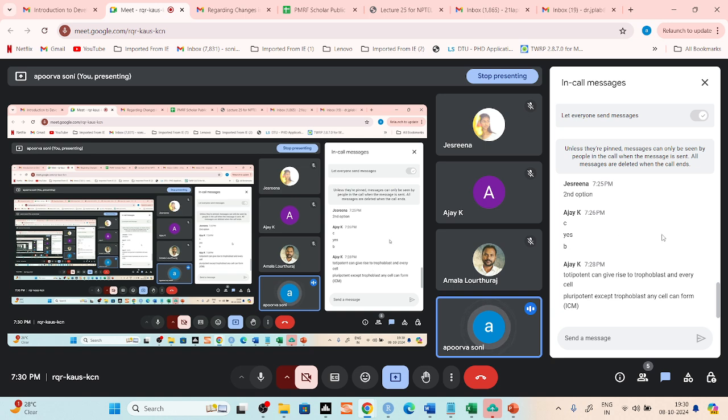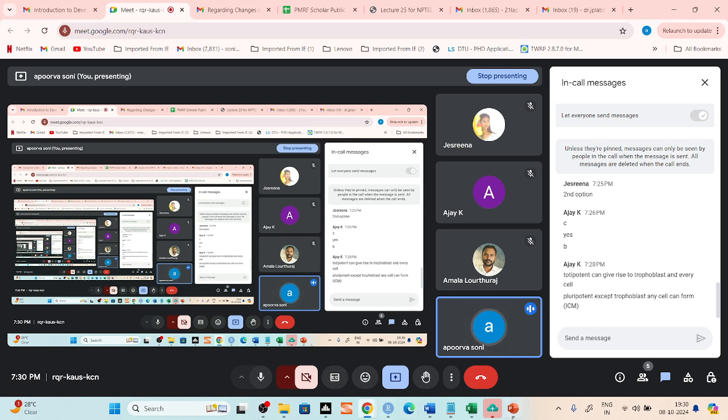That means that the cells are totipotent because each cell is forming a complete organism. That means embryonic as well as extra embryonic layers, everything is formed. So the inner cell mass gives your embryonic layers, and the trophoblast, the trophectoderm, is your extra embryonic tissue. Okay. Now, all have answered B.